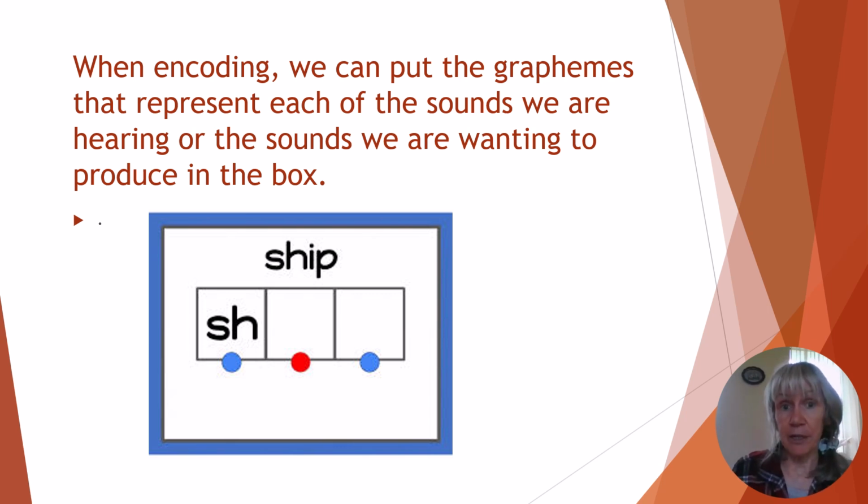So when we're encoding, we can put the graphemes that represent each of the sounds we were hearing or the sounds we were wanting to produce in a particular box. You see the word that we're trying to say here is ship. So I have the 3 boxes. I know it's 3 phonemes, 3 sounds that I'm trying to put into these boxes. The first box is a sound represented by the grapheme SH. So that's just an example of how we can use sound boxes in encoding.